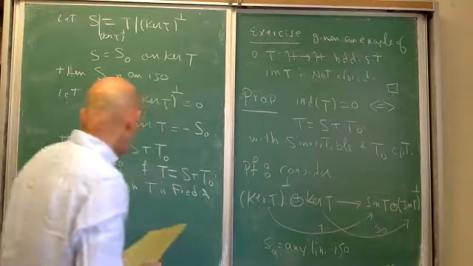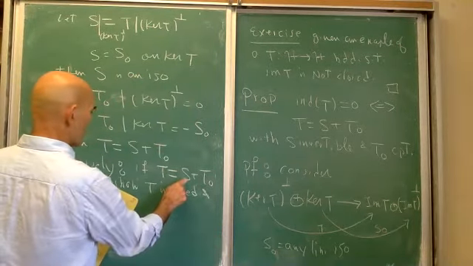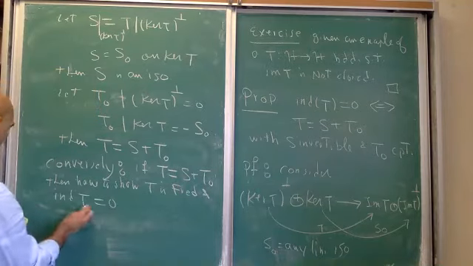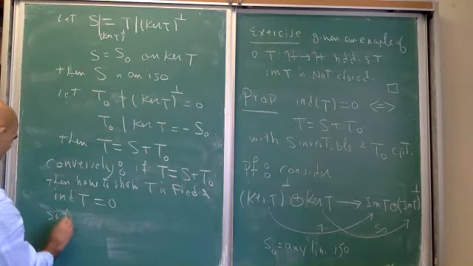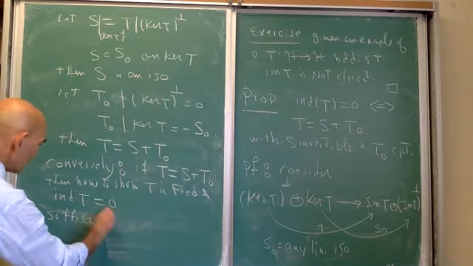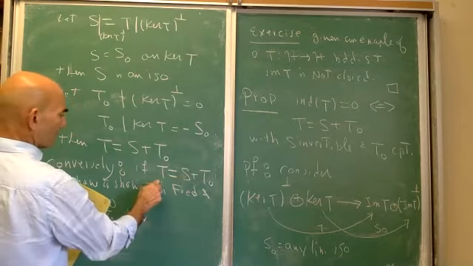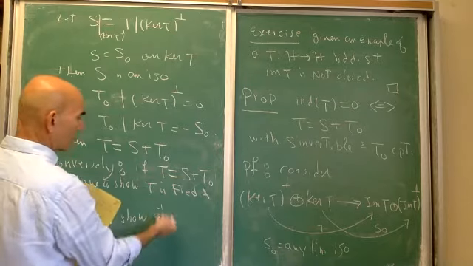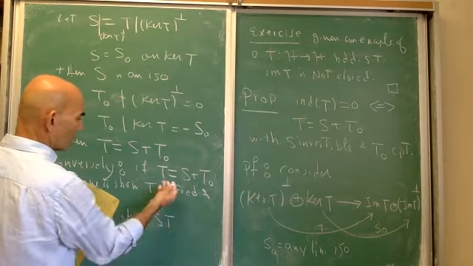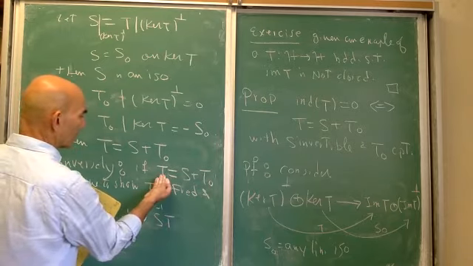Well, but this S is invertible, right? So it suffices to show: if you multiply this by S inverse, the Fredholmness doesn't change at all. So if you prove S inverse T is Fredholm, then you have proved that T is Fredholm.